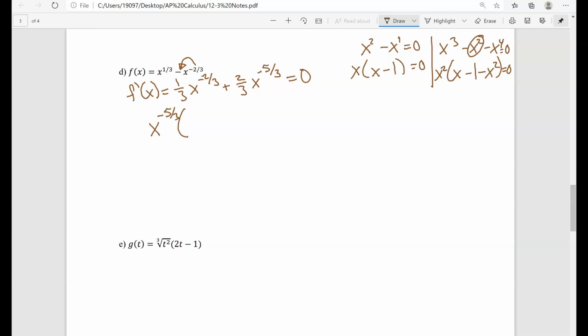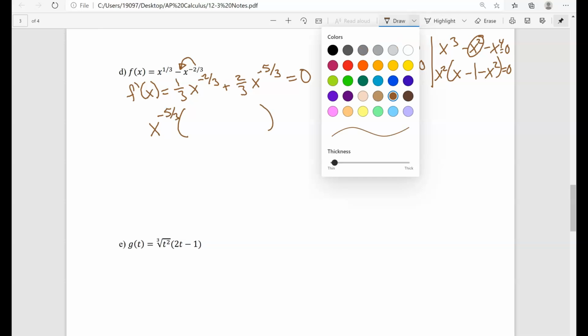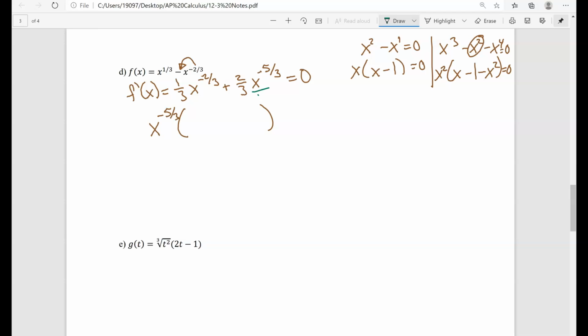Remember, whenever we think about factoring out, we're thinking of dividing. So think about how I'm dividing by x to the negative 5/3. On the second term, I don't have anything left other than just a 2/3.